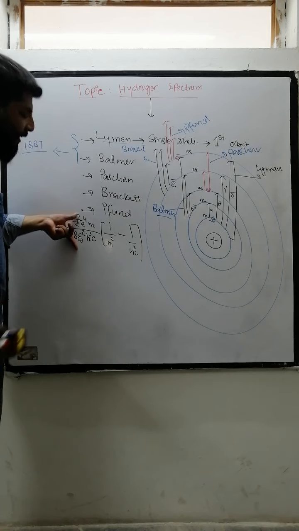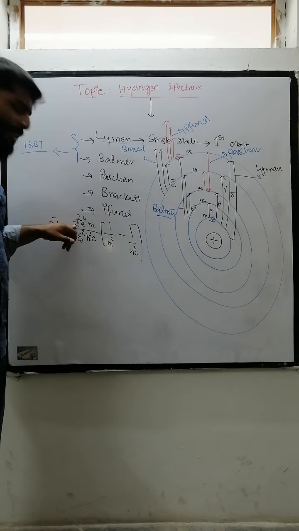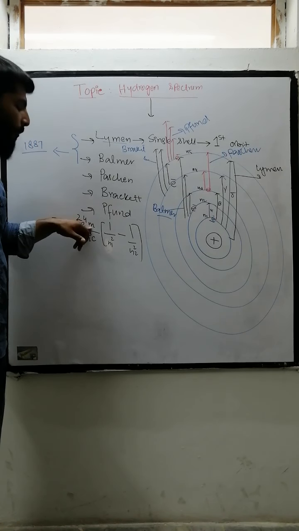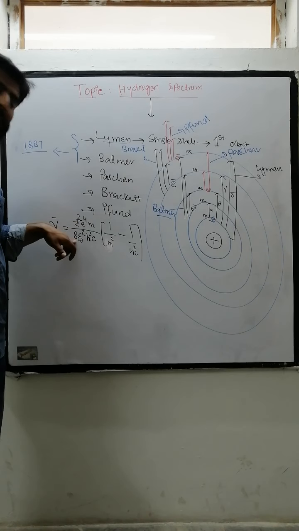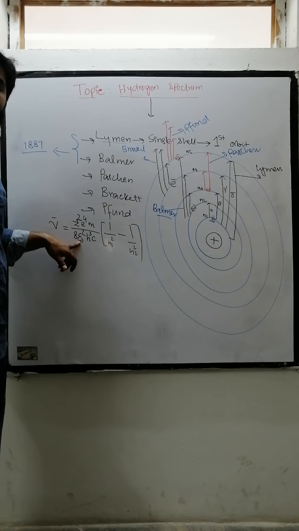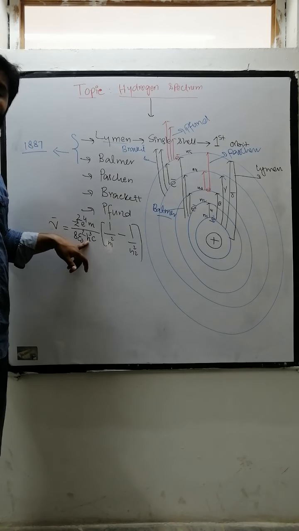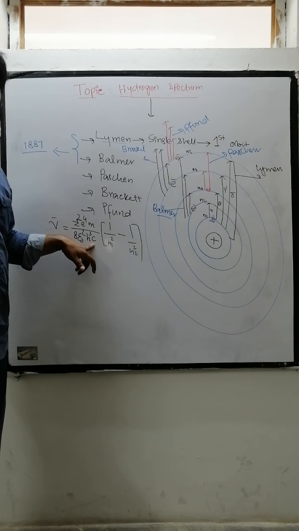Students, all of these factors are constant. Here Z is the atomic number, e is the charge, m is the mass, 8 is a constant, epsilon naught is the permittivity of free space, also constant, h is Planck's constant, and c is the speed of light.